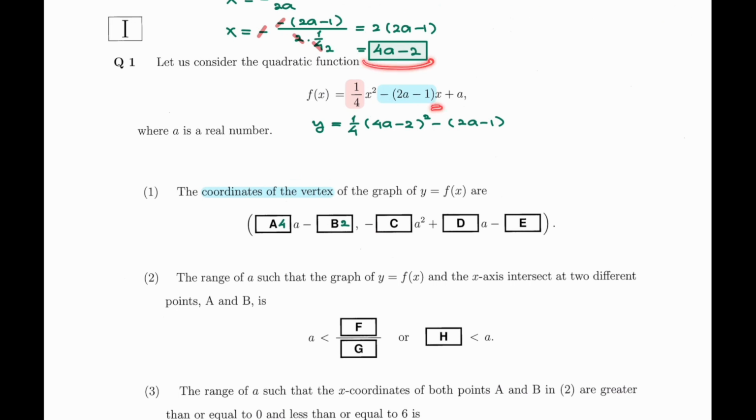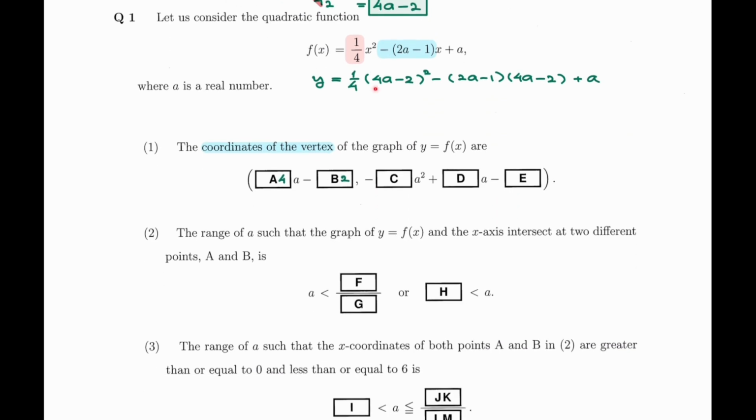Our x is 4a minus 2, plus a. By simplifying this expression, I'm pretty sure you will get the y coordinate of the vertex.